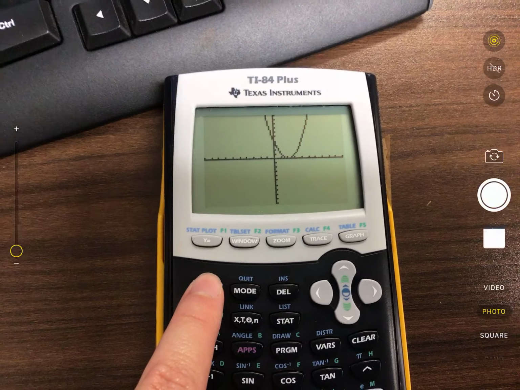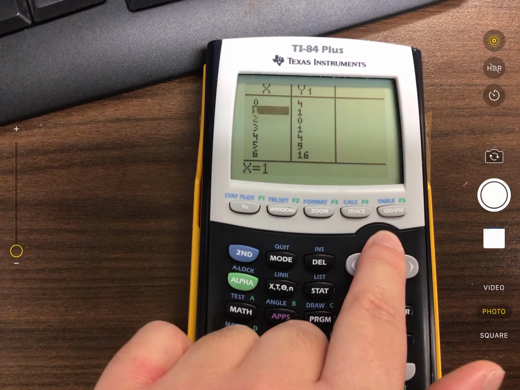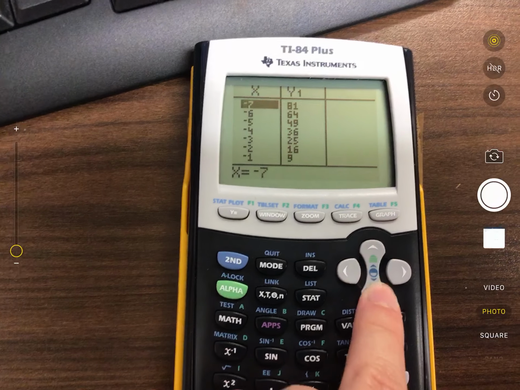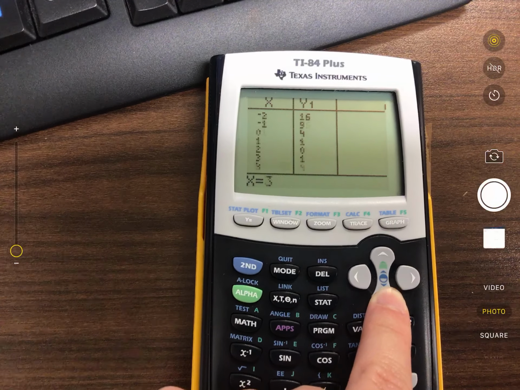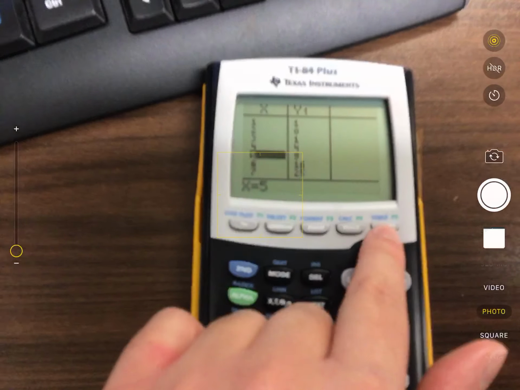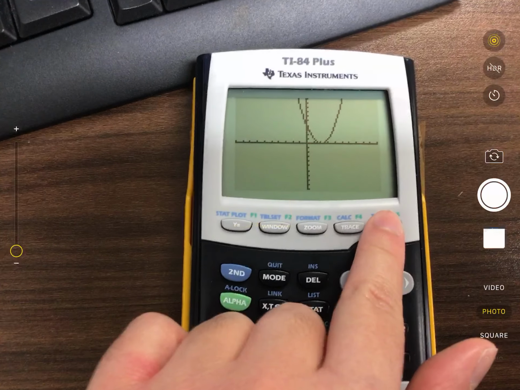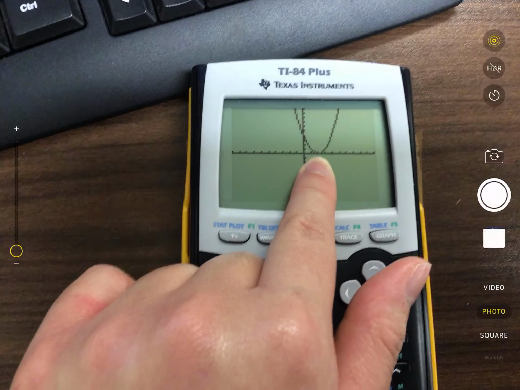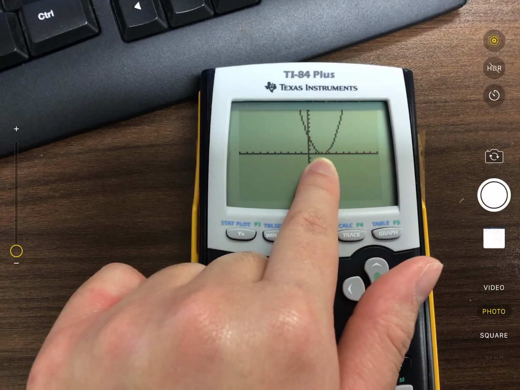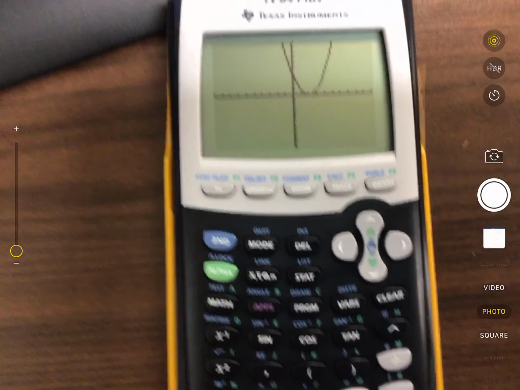So from here, I can go to my table by hitting second graph. And from here, where do I see y is equal to 0? When x is 2. And if I go on my graph, there's no other point where y is equal to 0. And that also matches my graph here. When x is 2, that's the only point in which my graph touches my x-axis.